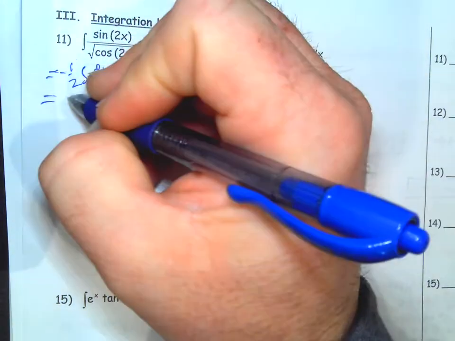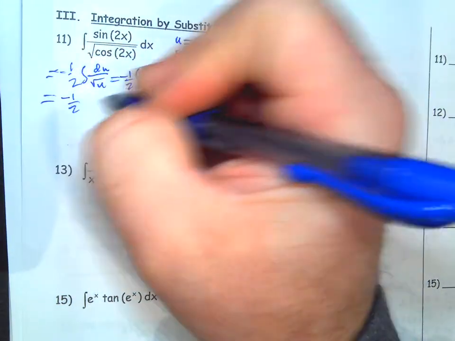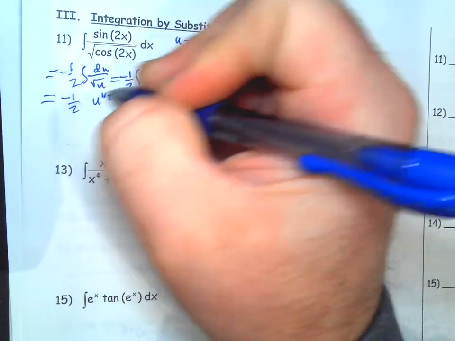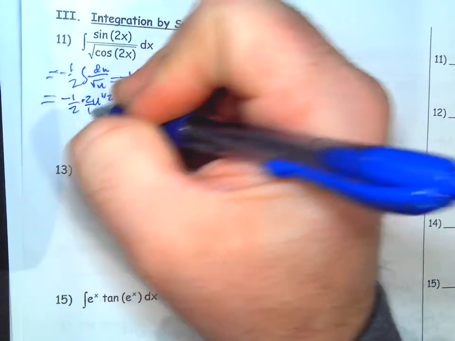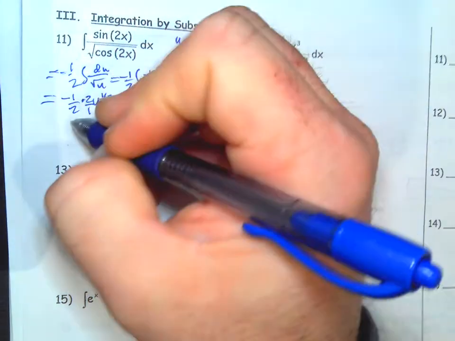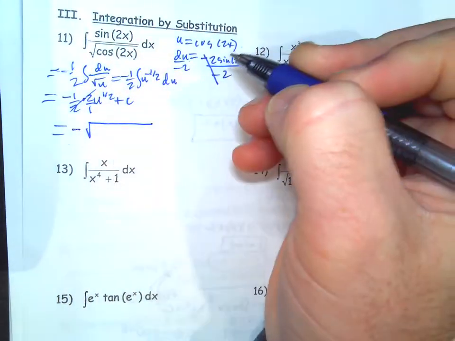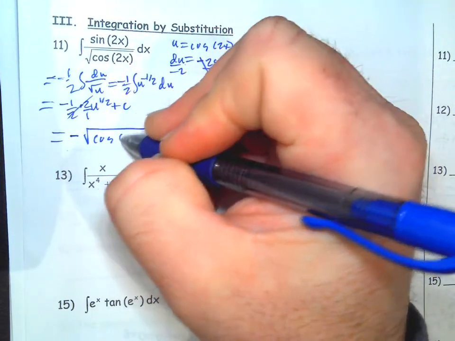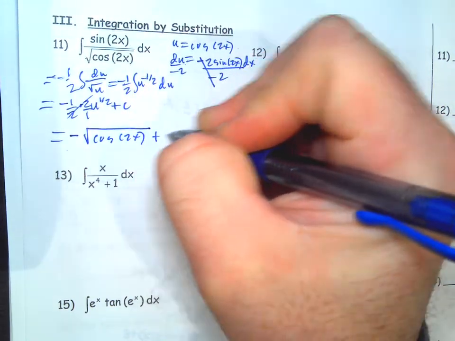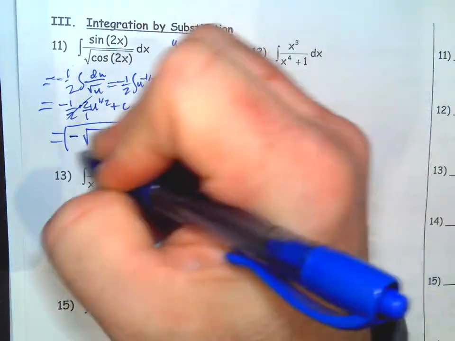So that's going to be negative 1/2 power rule. Add 1 to the exponent, divide by the new exponent, and multiply by the reciprocal plus c. So that's going to be negative square root of cosine 2x plus c. Don't forget the plus c's on this.